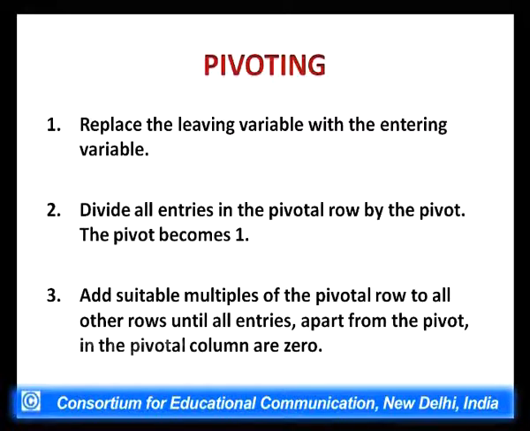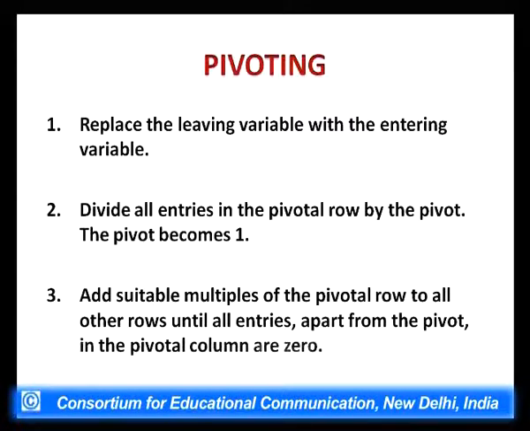And then the next step is to divide the entire values in the pivot row by the pivot value. In this particular case, the pivot value was 2. So everything will be divided by 2 in this row, because then it becomes easy to manipulate further.